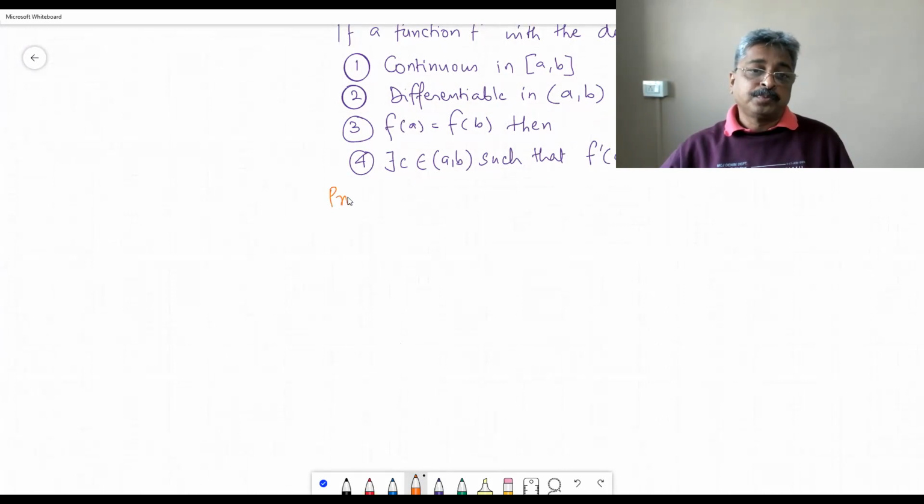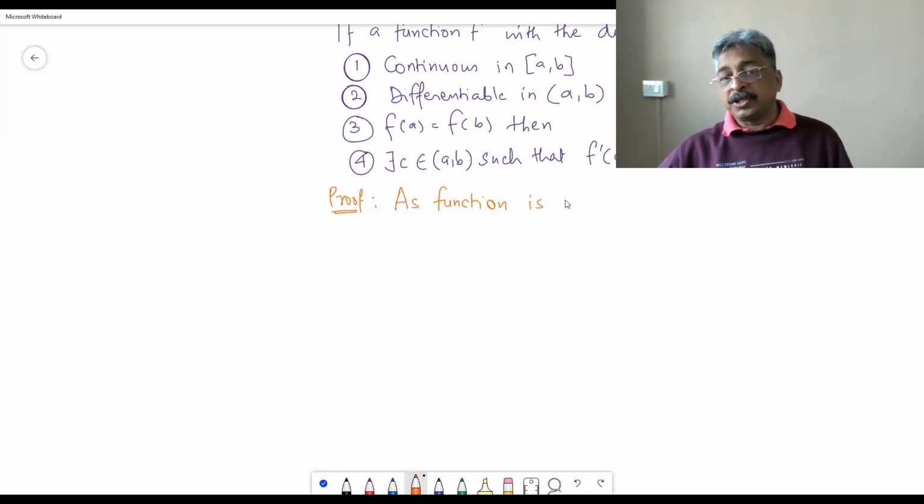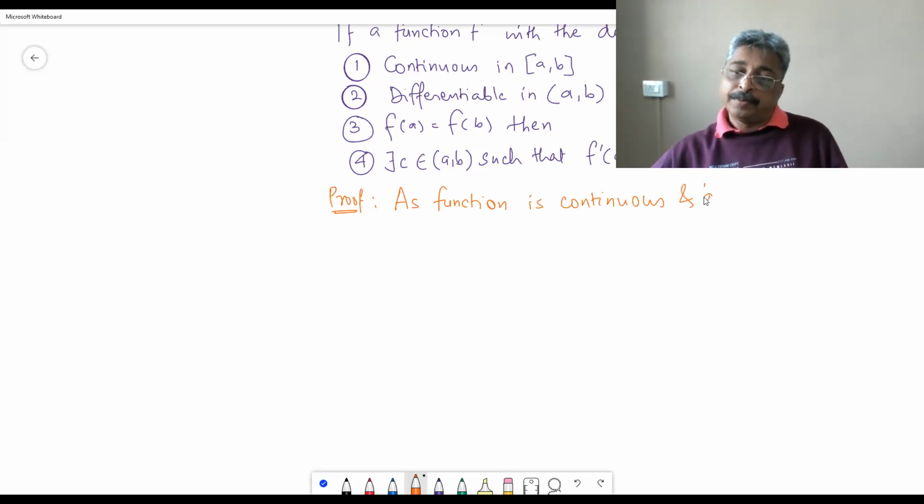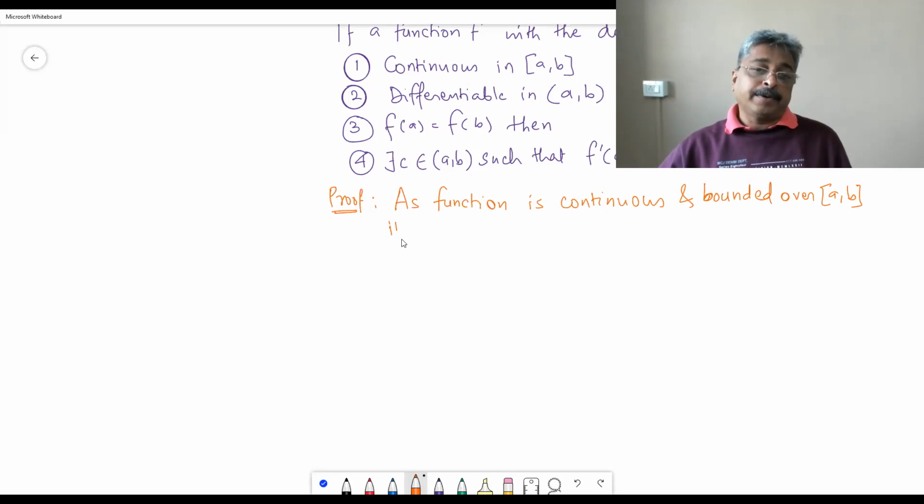Proof. As the function is continuous and bounded over [a, b], it attains its bounds.